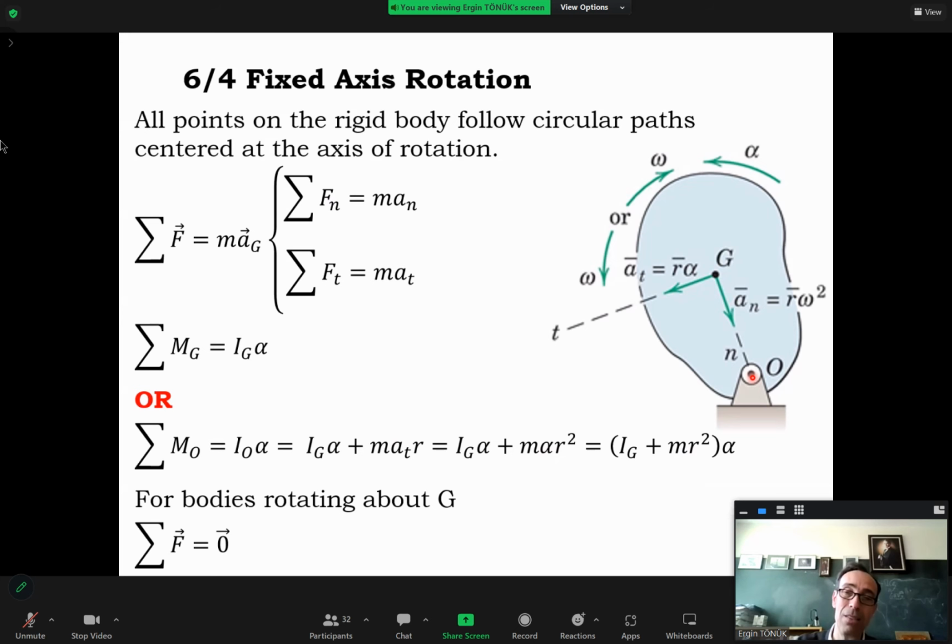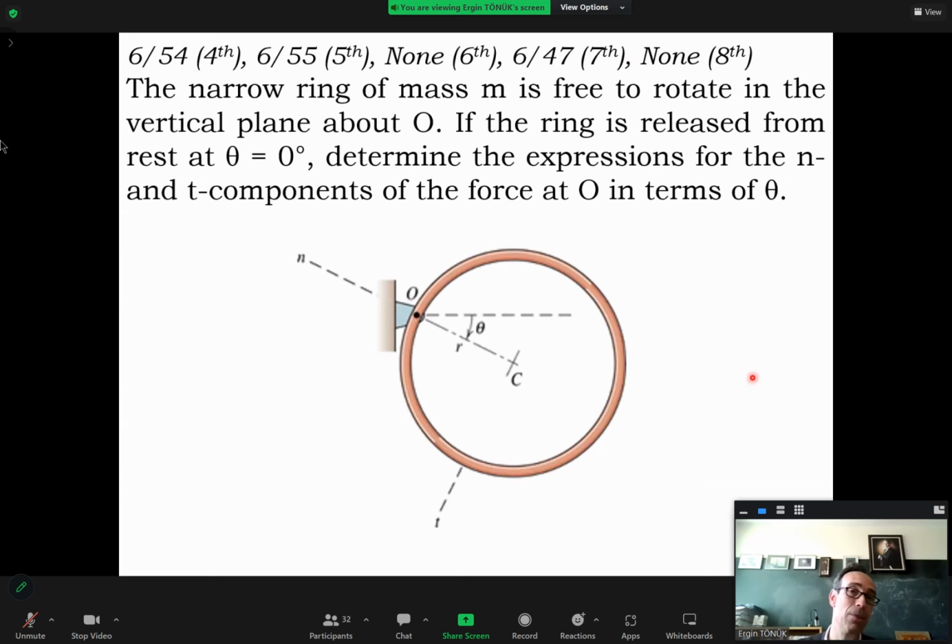Okay, then let's try a simple example. We have a narrow ring like this, which is pinned here, and it's in vertical plane. That is, we have gravity downwards.